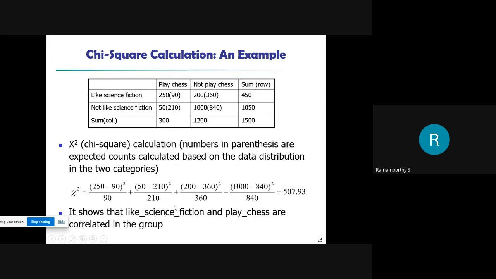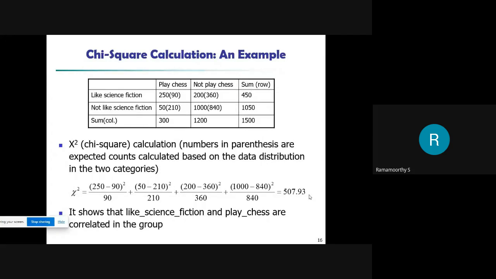Likewise, if you add all together, finally you will get 507.93. So how to conclude this example? It shows that the people who like science fiction and play chess are correlated in the group, right? With a chi-square value of 507.93.